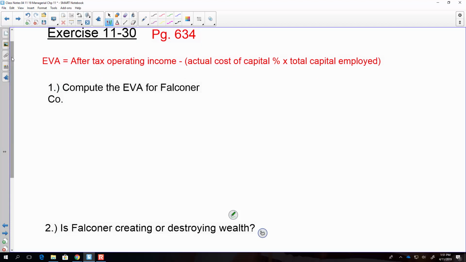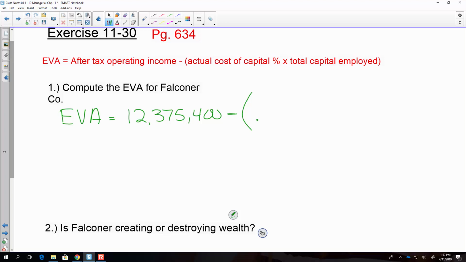After-tax income was $12,375,000. So EVA equals the after-tax operating income, $12,375,000, minus, in parentheses, the cost of capital. In this case the cost of capital was 9%, and the total capital employed was a huge number, $111,754,000.